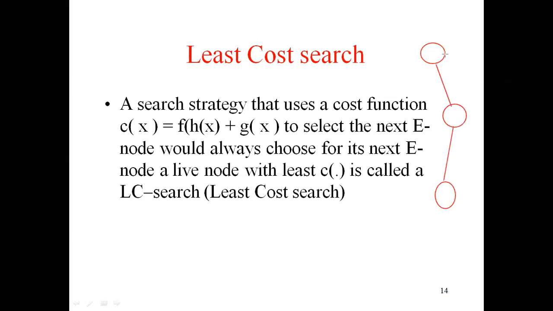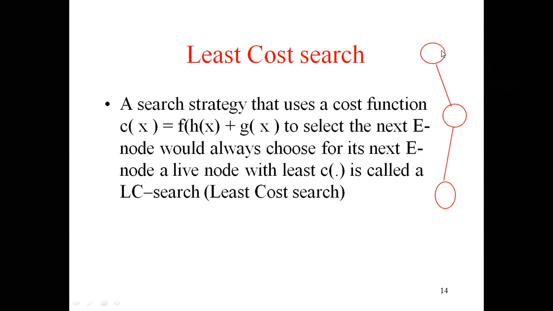So simply see, we have the first node. For example, this is the root node, this is the x node, and this is the solution node. From the root node to the x node, what is the amount you expended?